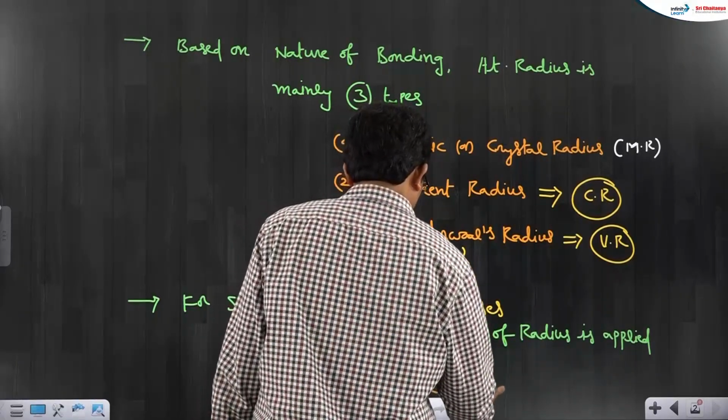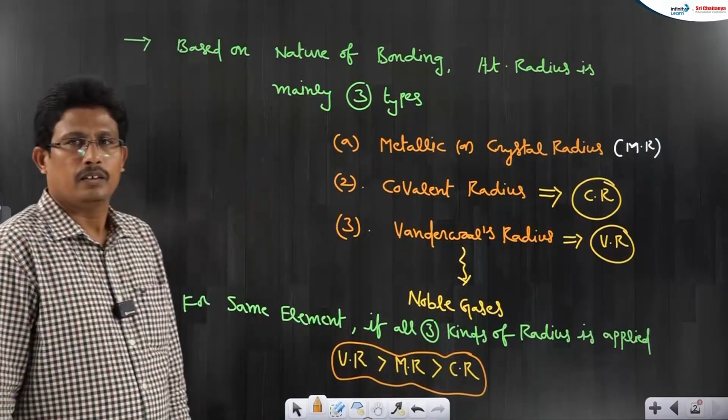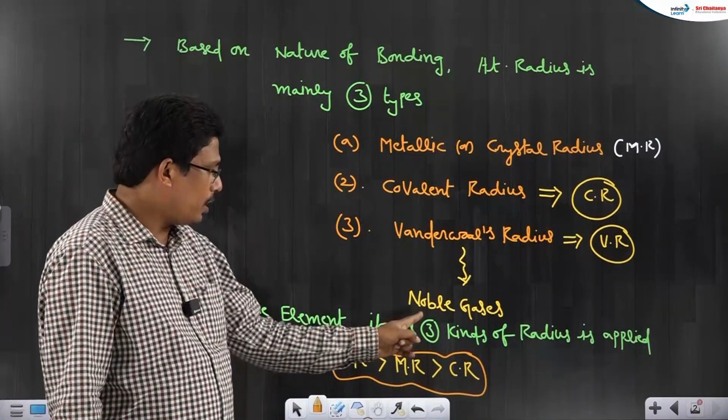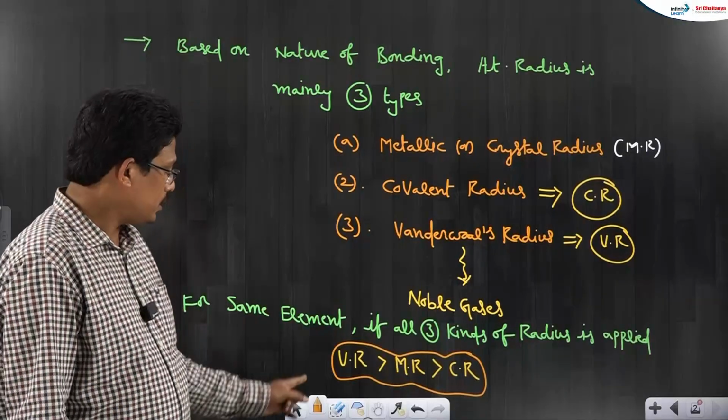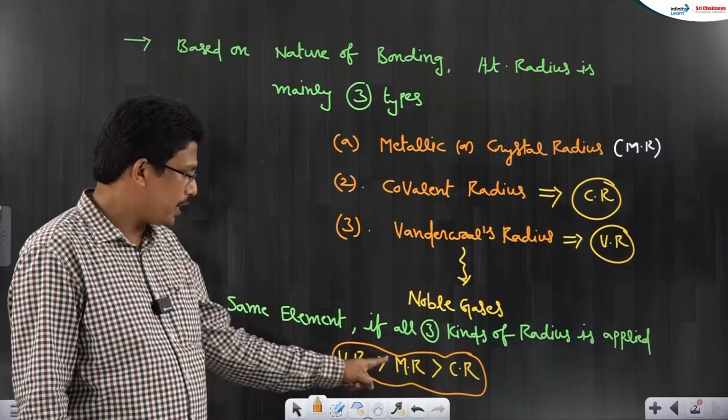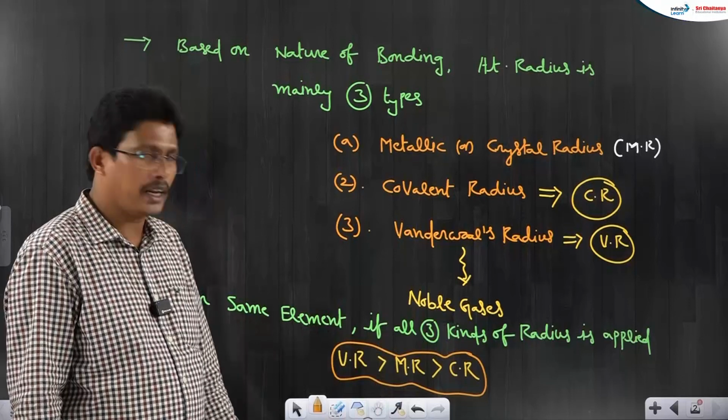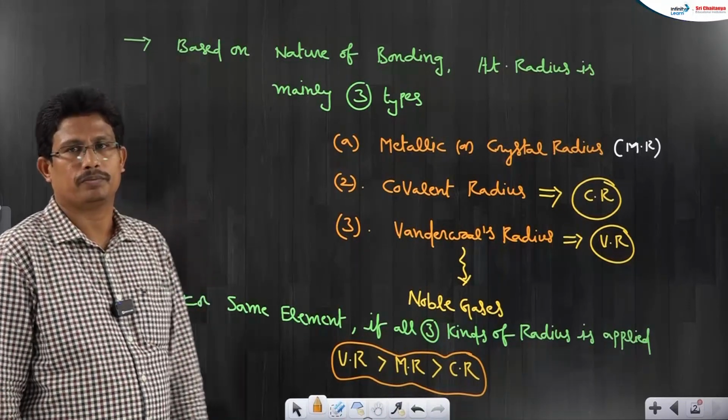This is the order of radii. For the same element, van der Waals is greater than metallic, which is greater than covalent. Okay.